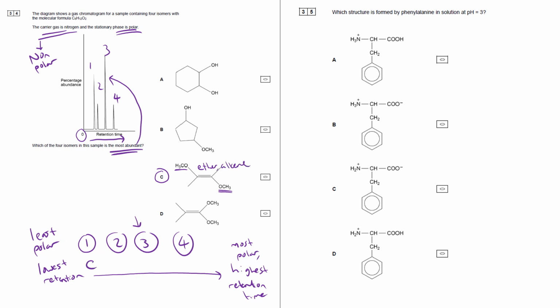So C is the least polar. D has a bit less symmetry. Notice both of the ether groups are on the same side of the molecule. So D would be the second one to come out. So which one's most polar out of B and A? A's got 2 alcohol groups. That is your most polar structure. B has an ether group and an alcohol group. So we got there, B is the most abundant one.